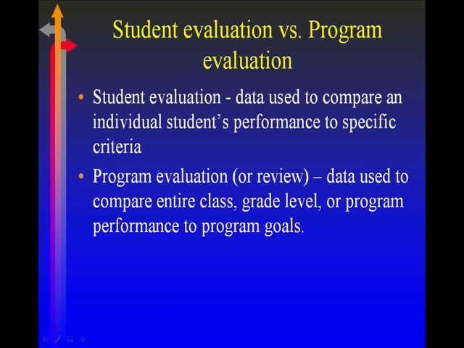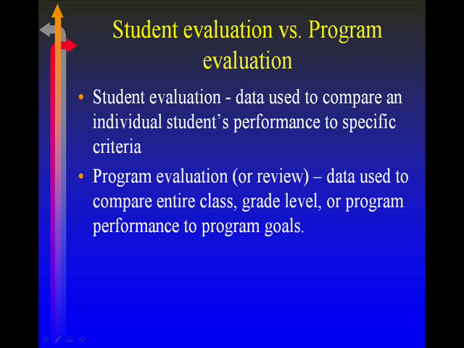So let's look at the difference between student evaluation versus program evaluation and program review. In student evaluation, data is used to compare an individual student's performance to specific criteria. So, how did student A do on learning objective A. Whereas in program evaluation or review, data is used to compare the entire class, grade level, or program performance to the program goals.